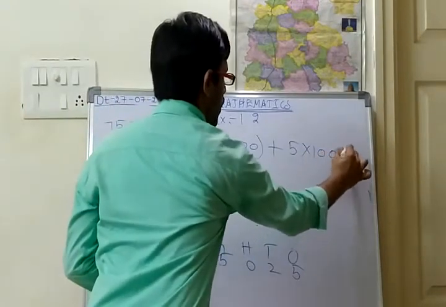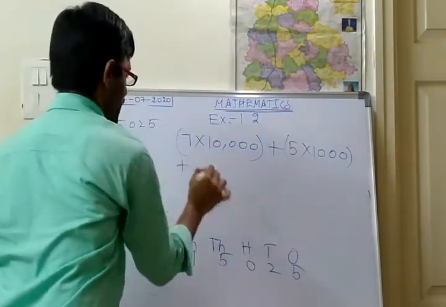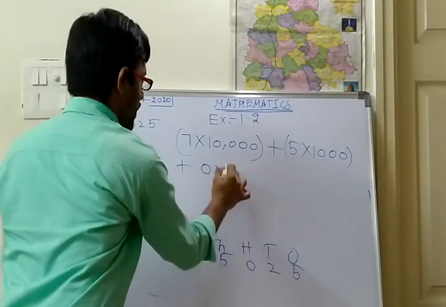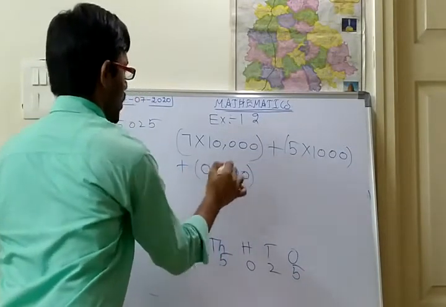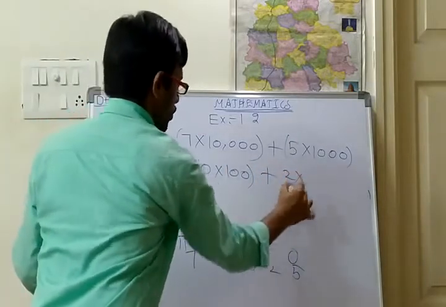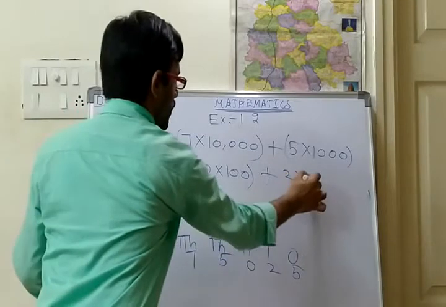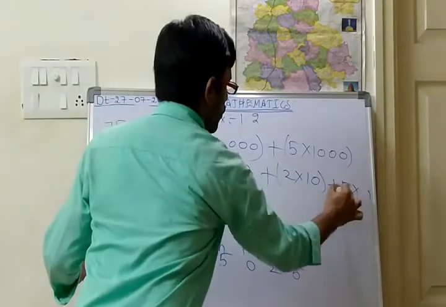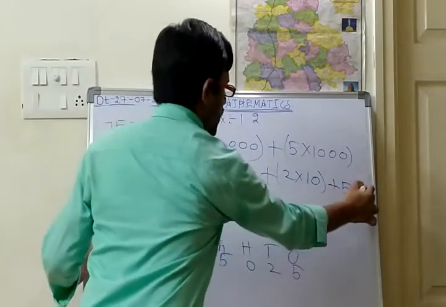Next plus 0. 0 is in the hundreds place. Next 2 is in the tens place, into 10. Next plus 5 is in the ones place. So 5 into 1. Like this you have to write.